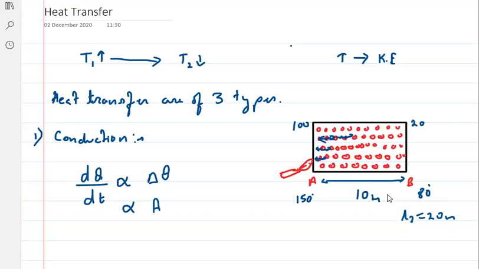Got it? So what do you think? In which case will you be able to transfer more energy from one end to the other end? Case one or case two? First case, makes sense, right?